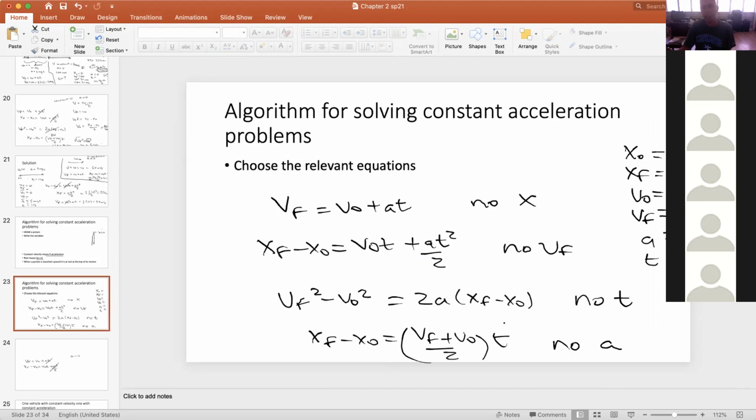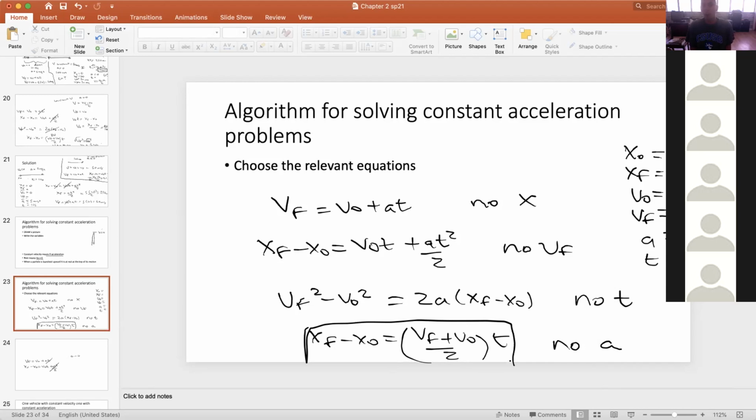That's not what I'm saying here. I'm saying this equation doesn't have A in it. So maybe you know there's an acceleration, but you don't know what it is, and you weren't asked to solve for it. You immediately know that you're going to use that bottom equation, because every other equation has acceleration in it, and you would have to find it.